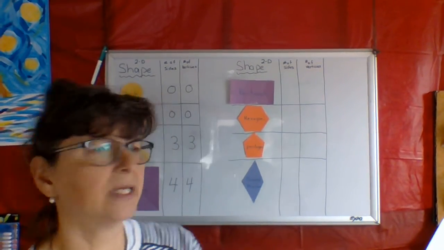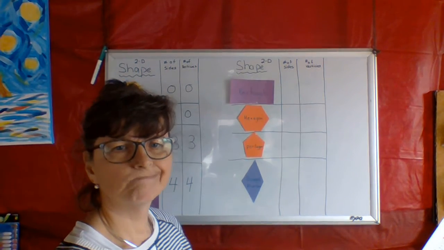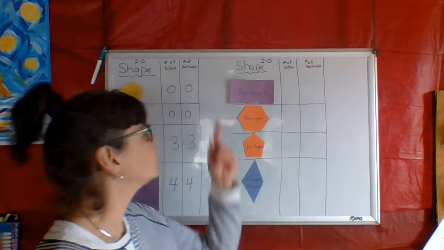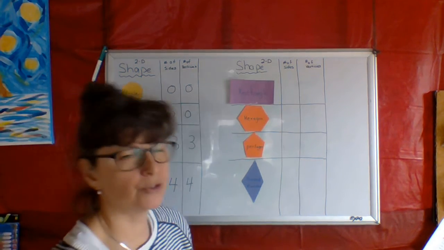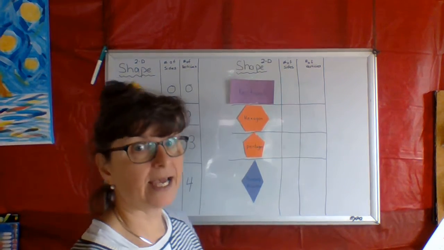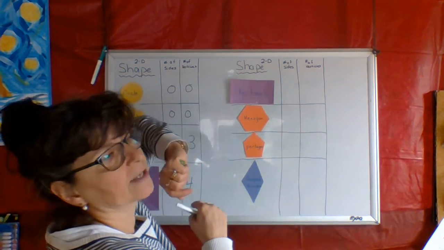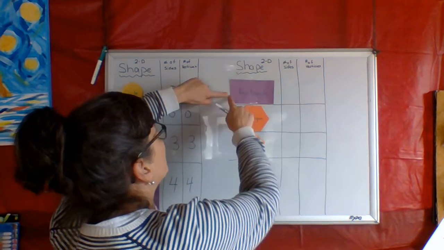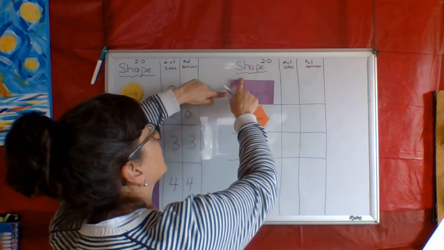This shape here. That's not a square. They don't look the same. I'm glad you knew that. It's called a rectangle. So let's count how many sides to a rectangle. And I'm going to do the same thing for counting the sides now. So we have 1 side, 2 sides, 3 sides, 4 sides.